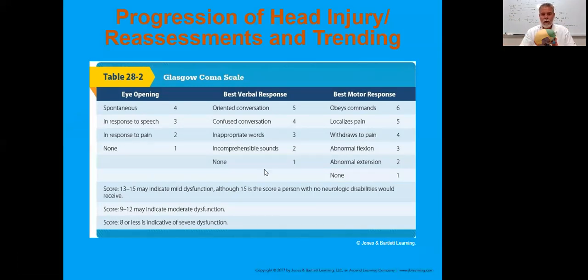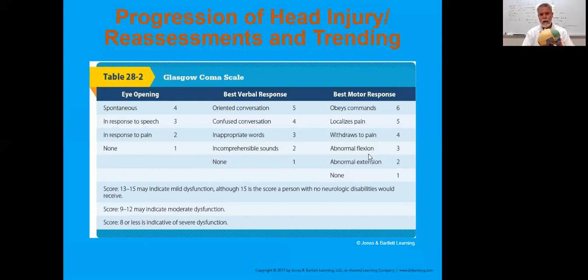And when you look at the 1, the 1, and the 1, none, none, none, means they're not opening their eyes, they're not responding to you, and they don't have motor responses. Everything gets a 3. This guy right here is a 3. I happen to be a 15. And somewhere between 3 and 15 is where all patients are going to lie.